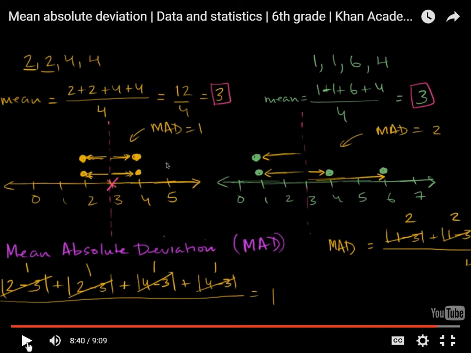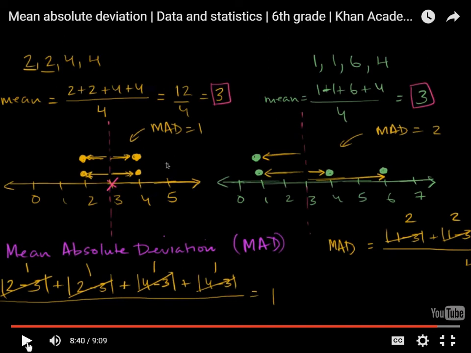Well, you found the mean of the original data set. You found the difference between the mean and each piece of data, and you took it as an absolute value. In other words, the distance each one of the pieces of data was from the mean. And you found that new average.